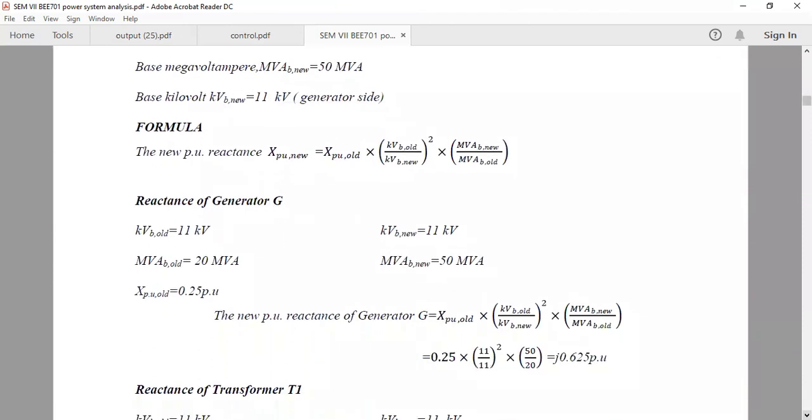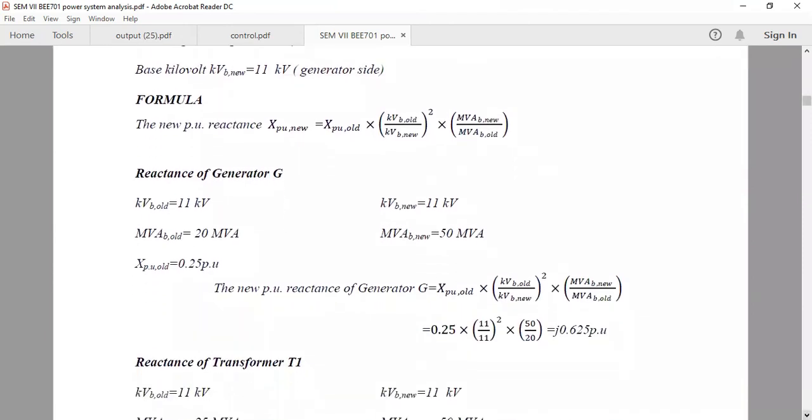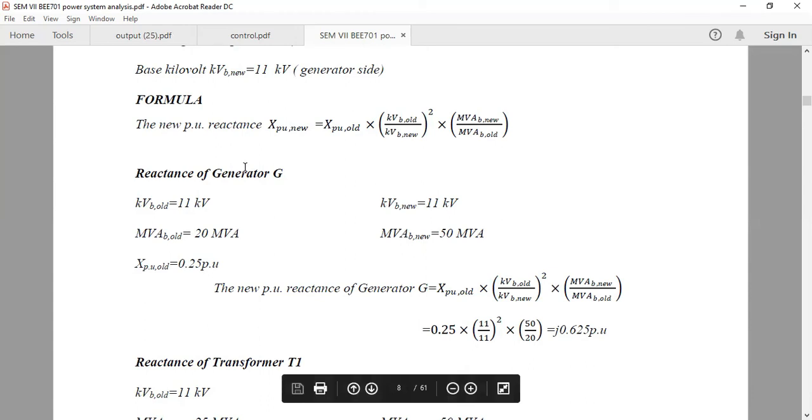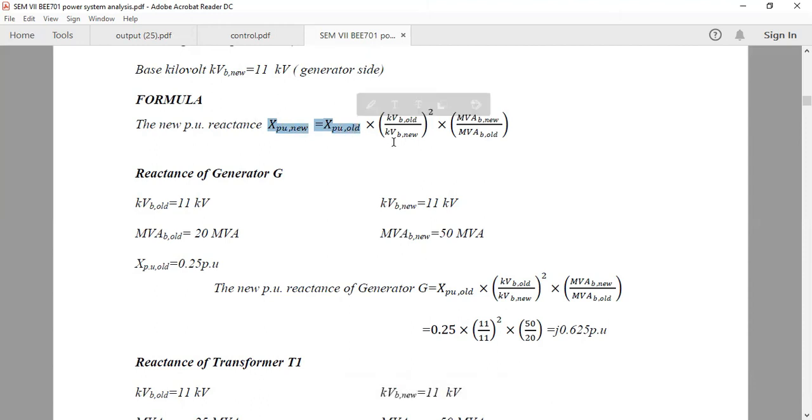Therefore we are going to change their base, that is, we are considering the system on the new base. Therefore we need to calculate these values on the new base. For that we will refer to this formula: X per unit new is equal to X per unit old into kV old divided by kV new square, into MVA new divided by MVA old.